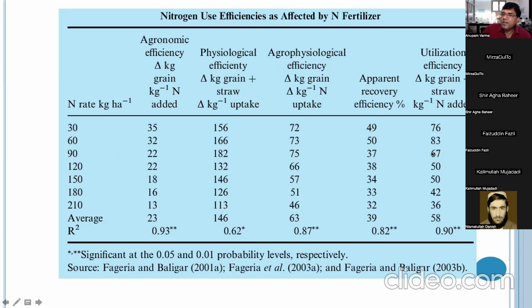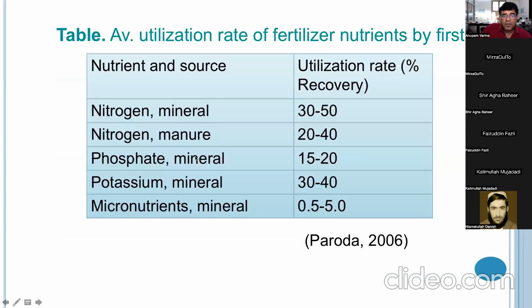In general, at lower levels, say 30 or 60, the nitrogen use efficiency is high. If you increase the level of nutrient, the nutrient use efficiency decreases. That is the message I want to give you by showing this slide.